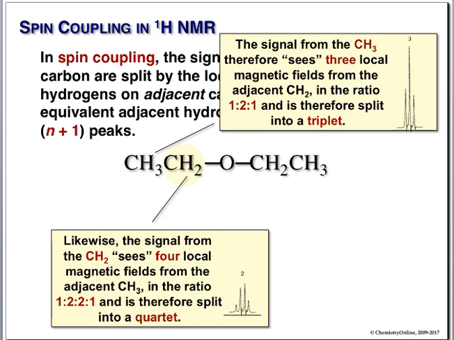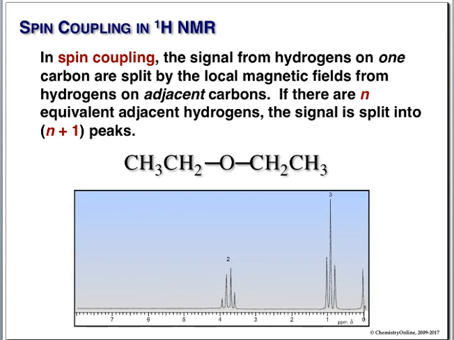For our CH2, we're adjacent to 3 hydrogens. There are 4 possible combinations, and therefore it's split into a quartet. So this is neat. Here's our spectrum.